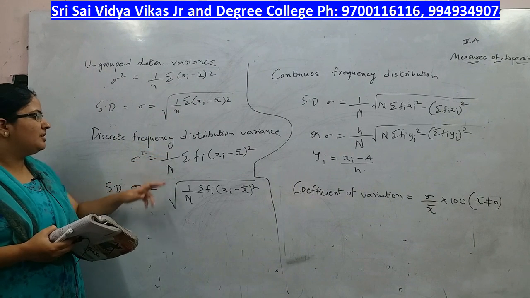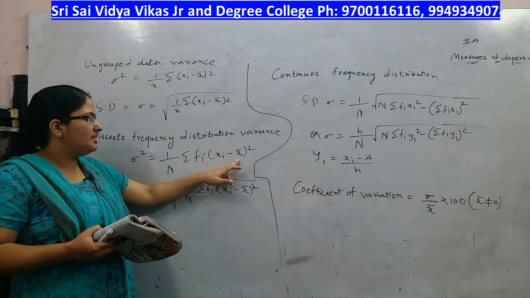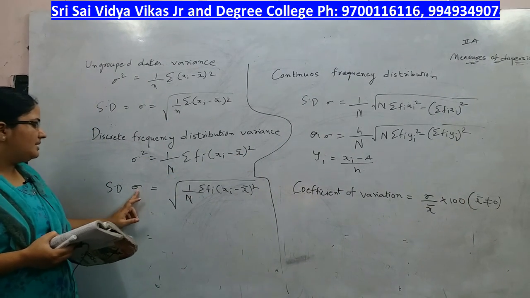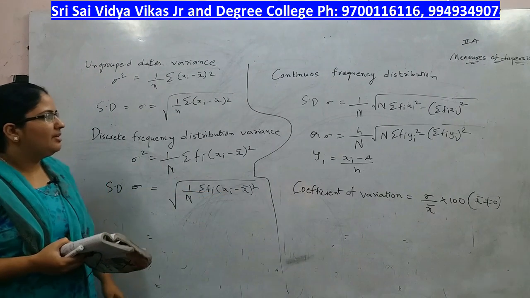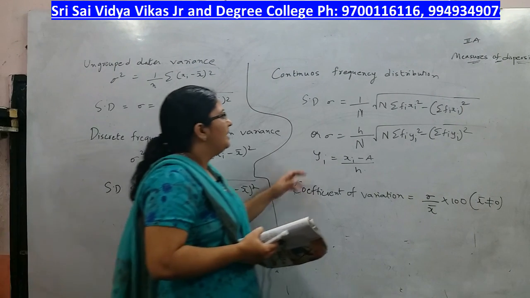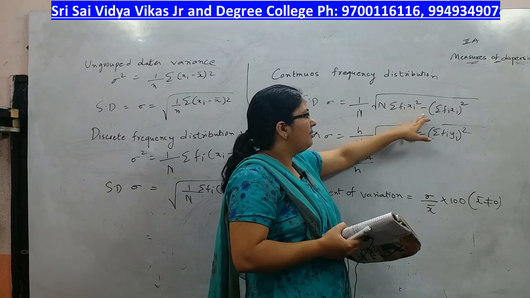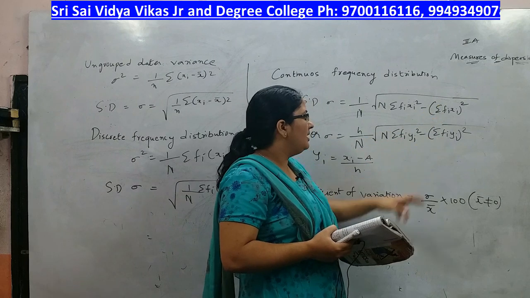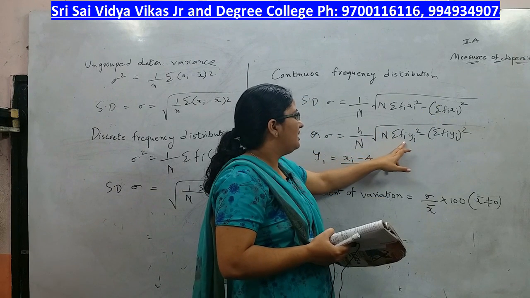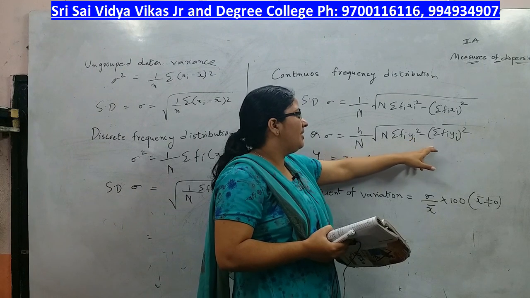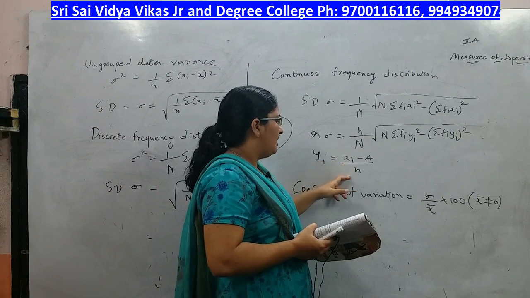For a discrete frequency distribution, variance sigma square is equal to 1 by n summation fi into (xi minus x bar) whole square. Standard deviation is the square root of that. For a continuous frequency distribution, standard deviation sigma is 1 by n under root of n summation fi xi square minus (summation fi xi) whole square, or it is h by n into under root of n summation fi yi square minus (summation fi yi) whole square, where y is equal to (xi minus a) by h.